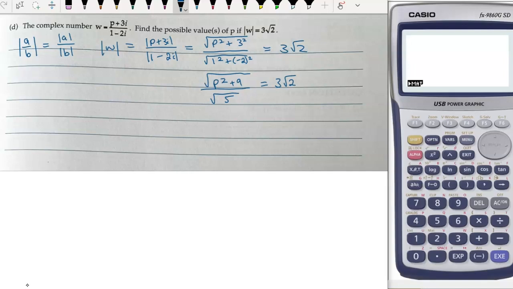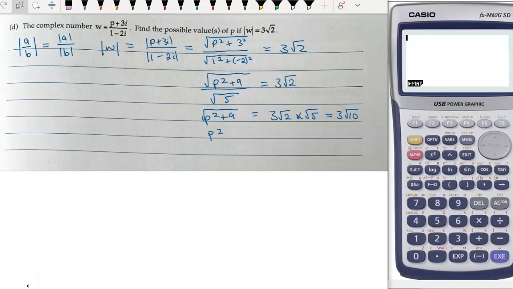So if I multiply the right-hand side by the root 5, I will get the square root of p squared plus 9 is equal to 3 root 2 times root 5. Now with surds, we can turn that into 3 root 10. We can combine those two surds there.